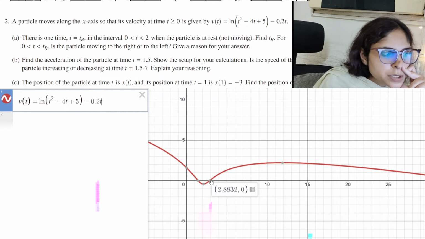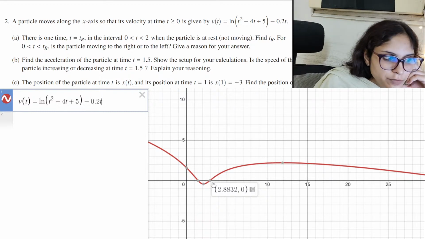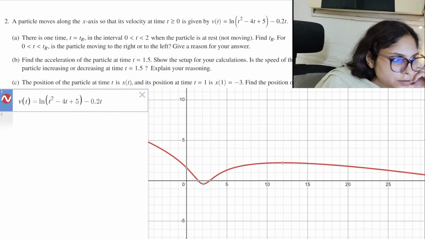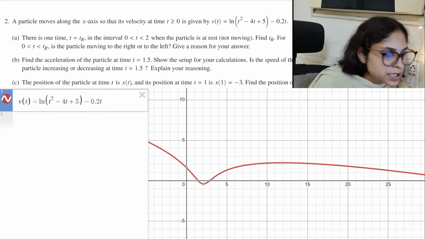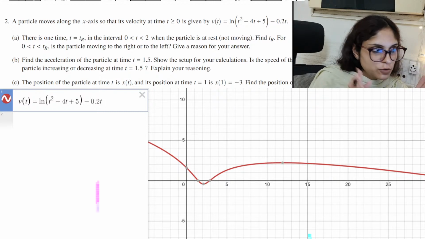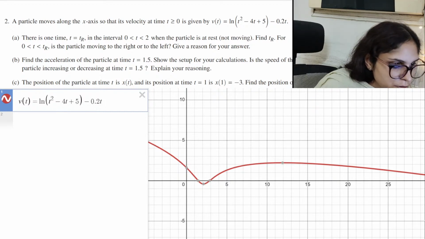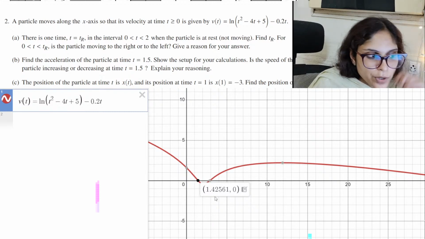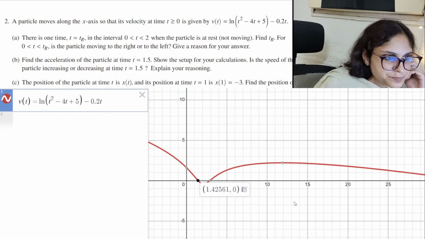It is also becoming 0 at 2.8832, but we will not consider that because the question clearly states from 0 to 2. So the value should be greater than 0 but less than 2. So the correct answer is 1.42561.